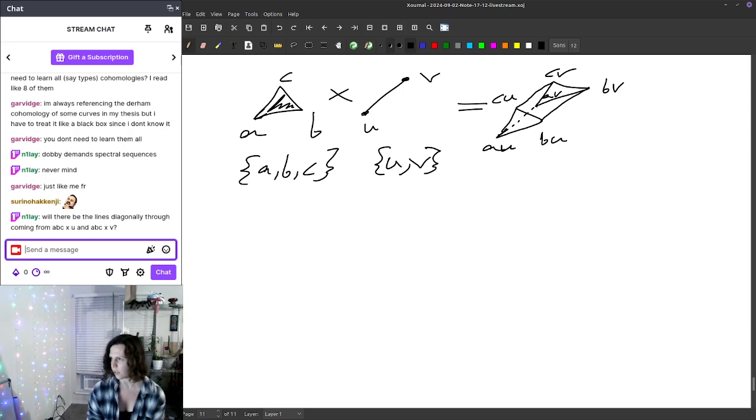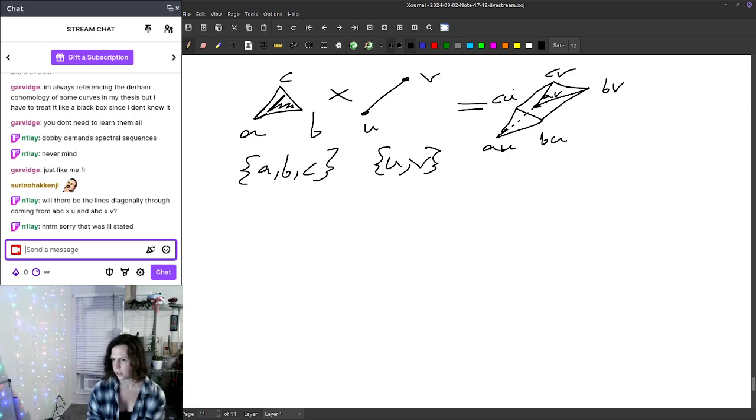I'm sorry, I'm not sure what the diagonal thing is here. If I choose to do a line diagonally, I can make a simplex that has AU, BU, CU, and AV as the 4 vertices, but then I have to make sure that I've covered the rest of the shape, and it seems like it's a little bit of a pain.